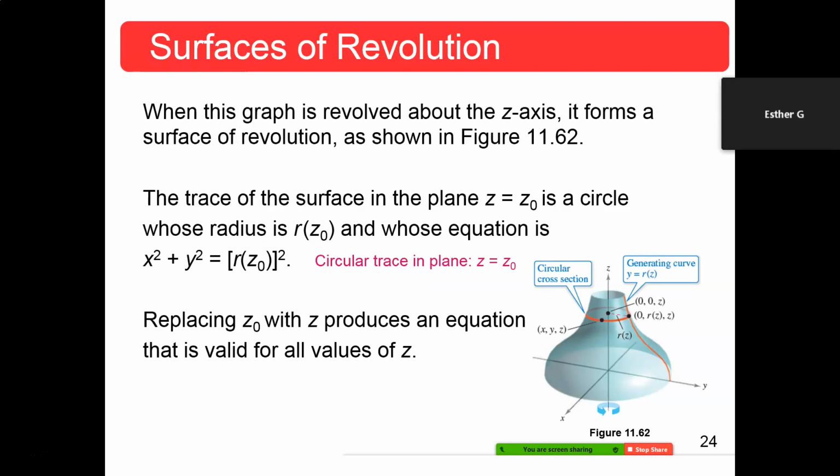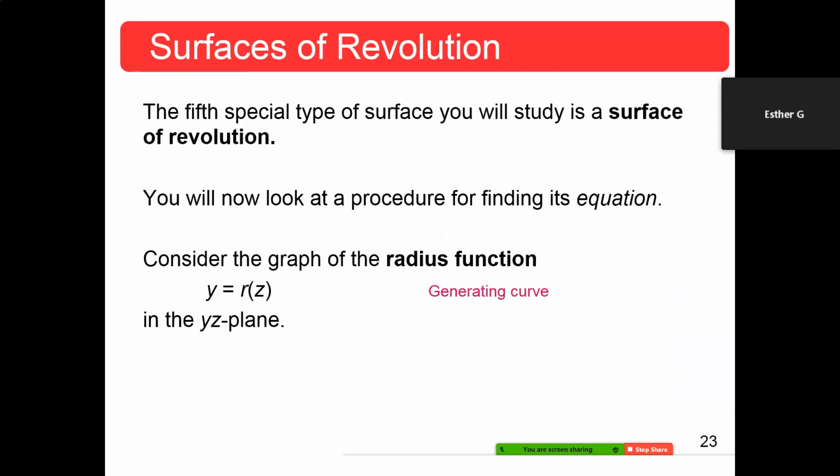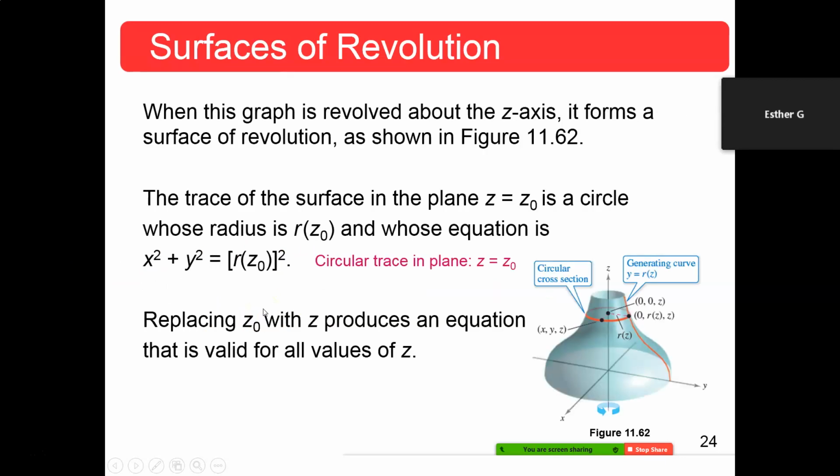When that graph is revolved around the z-axis, so obviously it's the z-axis that is of interest here, that's the variable of the radius function, it forms a surface of revolution. The trace of the surface in the plane z is equal to z0, that's somewhere up here on the z-axis.